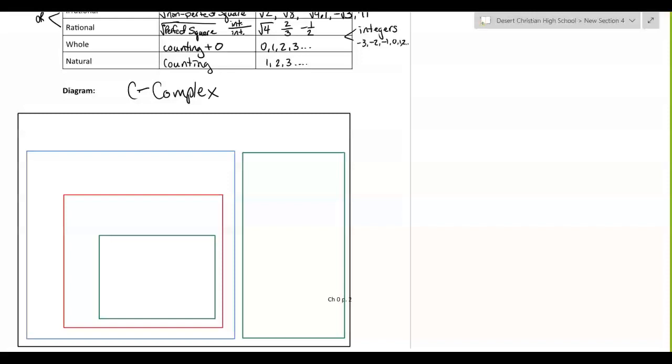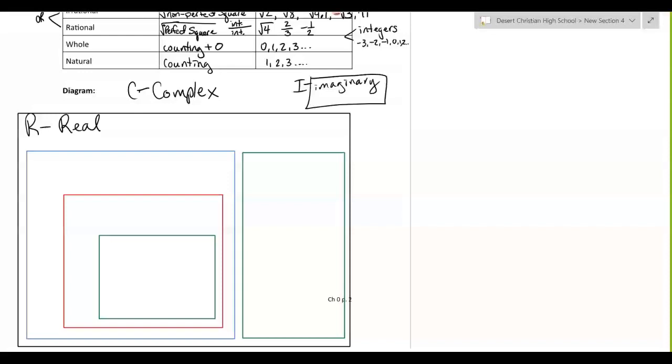Okay, and we're going to draw a small box outside of the big box, and this is our imaginary. So complex includes imaginary, that's the I, by the way. And then our big box is R for real. So complex is real and imaginary.